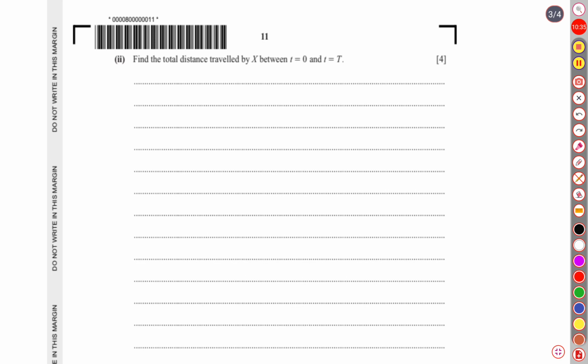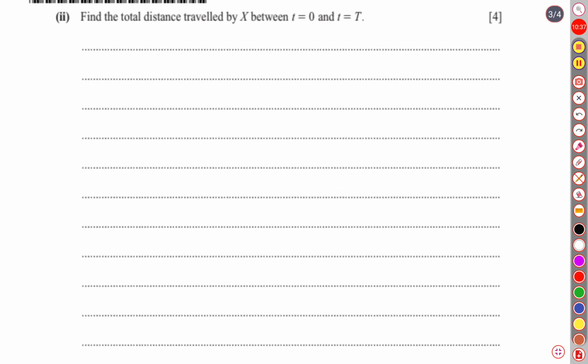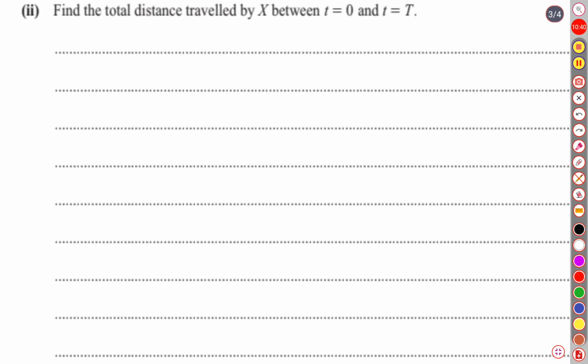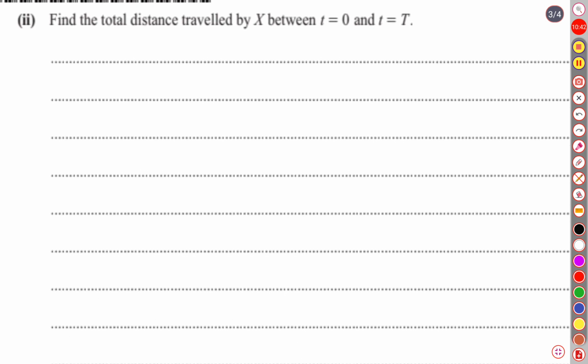It says, find the total distance traveled by x between t is equal to 0 and t equal to t. So if we observe the question looking at the graph, it's not necessary to draw the graph here, that's why I'm not drawing it, but we can see that this acceleration or velocity graph was not uniform.